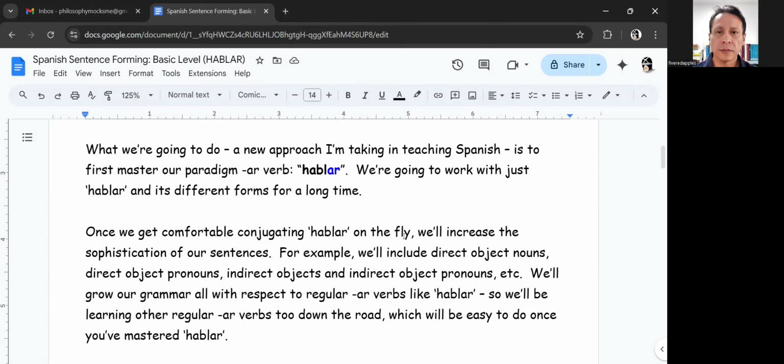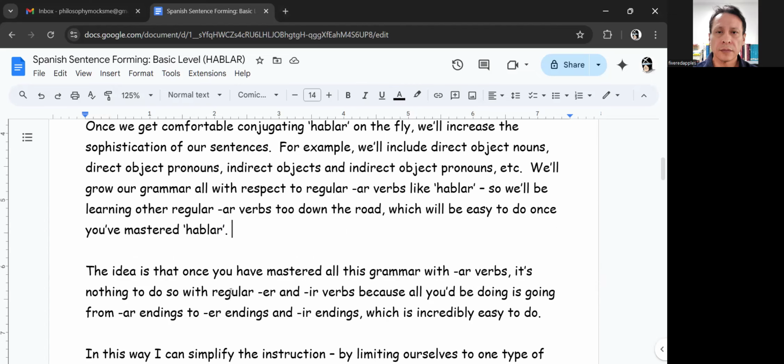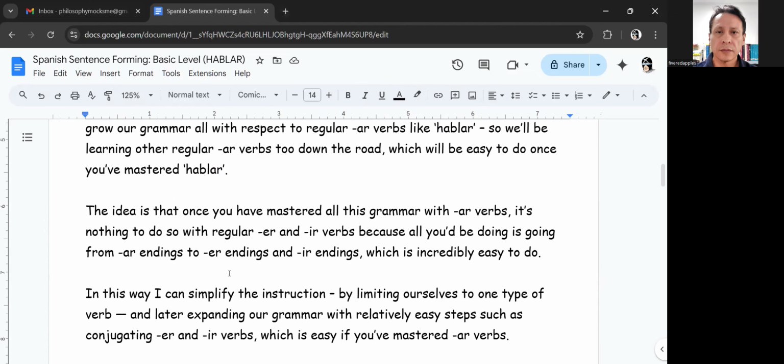We'll be learning other regular AR verbs down the road, which will be easy once you have mastered hablar. It's nothing to conjugate another AR verb that's regular once you know hablar. The idea is that once you've mastered all this grammar with AR verbs, it's nothing to do so with regular ER and IR verbs.